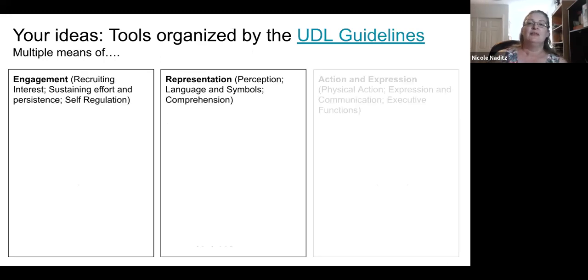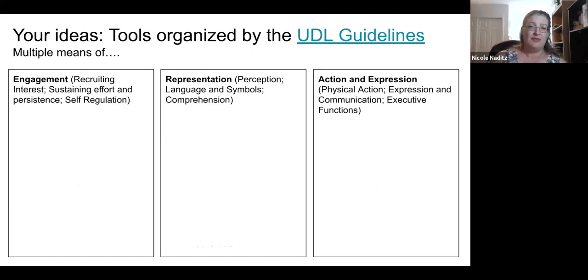Similarly, for the UDL guidelines, I was very ambitious. I was hoping we would get to do this. What do you think about the tools we were discussing, tools you're already using, tools I never mentioned but that you love, in terms of the degree to which they support what the UDL guidelines call out in order to make sure that every learner can become an expert learner in these 3, by harnessing these 3 areas.